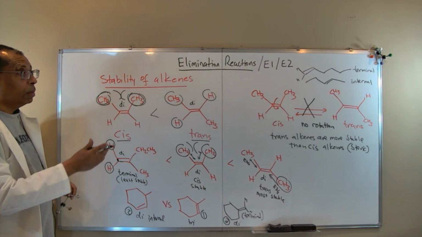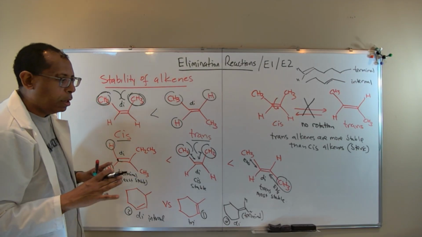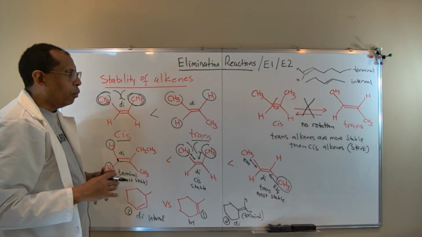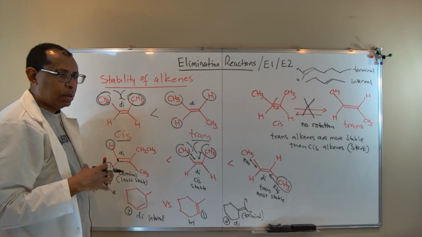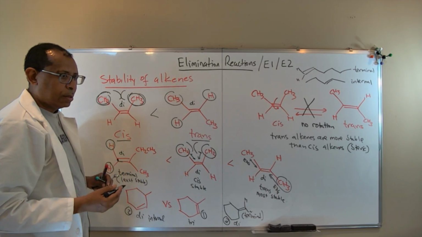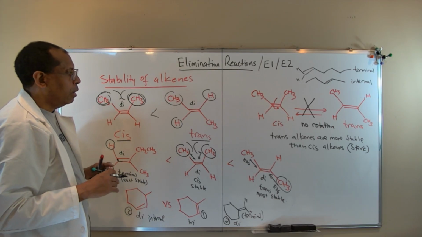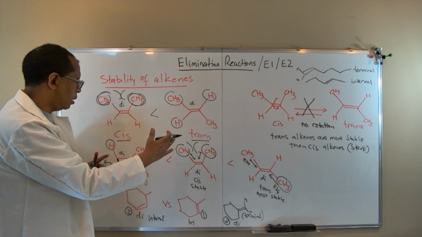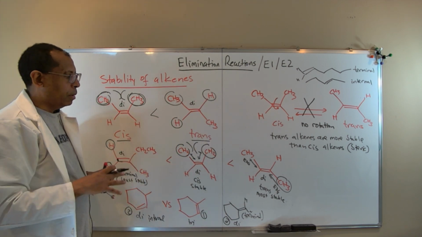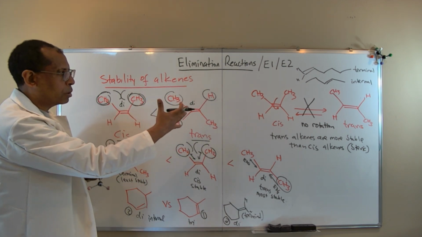So in the next video, we have now covered the introductory part of alkenes, what their properties are, what their stabilities are, and what the different isomers you could have, cis and trans, and also that electron donating alkyl groups stabilize an alkene group.